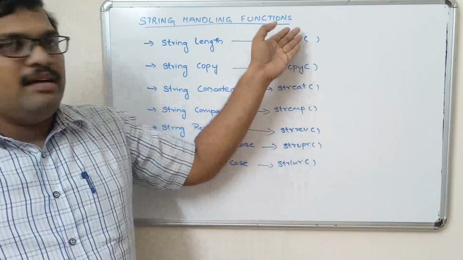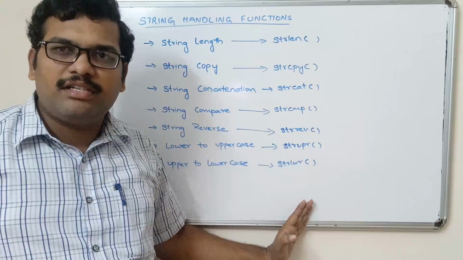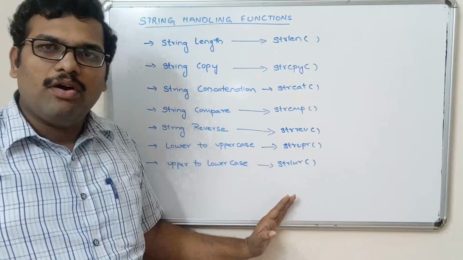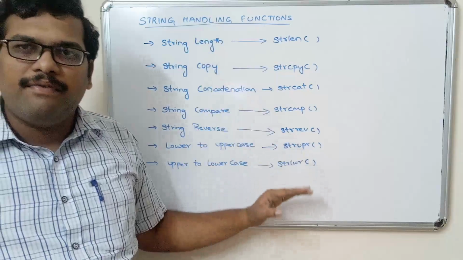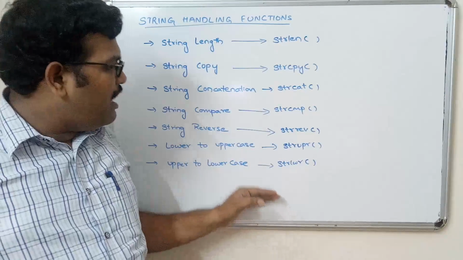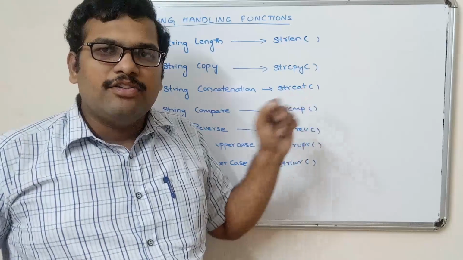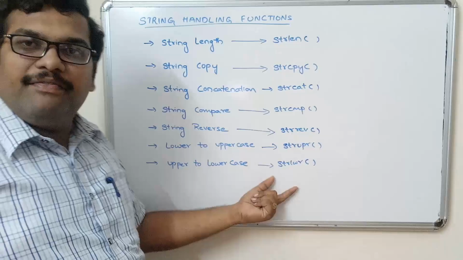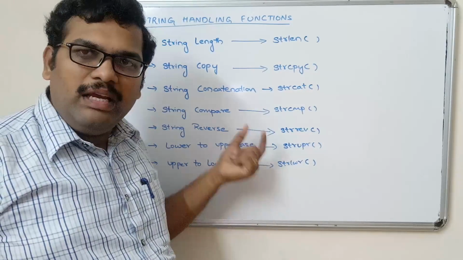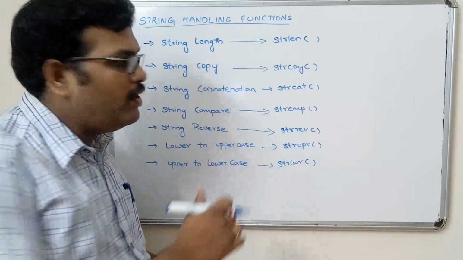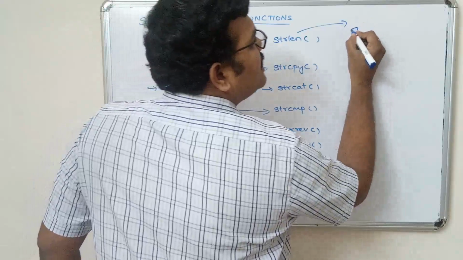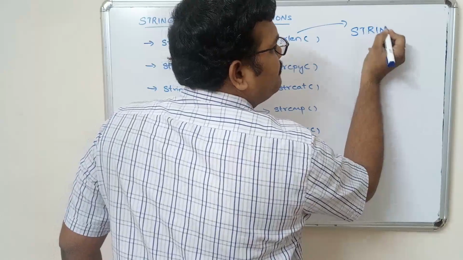So all these are the different string operations or string handling functions. For every operation we can use these predefined functions. As they are predefined functions, in order to implement them we have to include string.h.